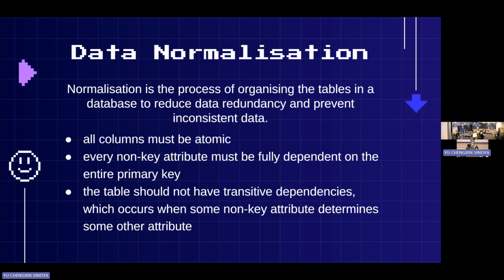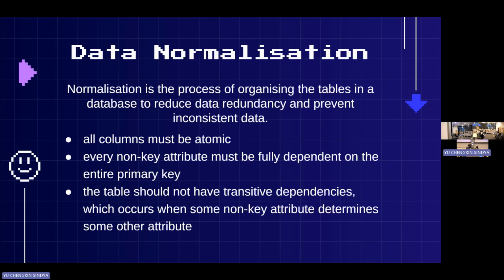This is a bit more mathy and a bit more theoretical, but this is basically a way to organize the relational tables that you have in order to reduce the data redundancy and to prevent the inconsistent data that you just saw in an example. Okay, so data normalization assumes 2 things.